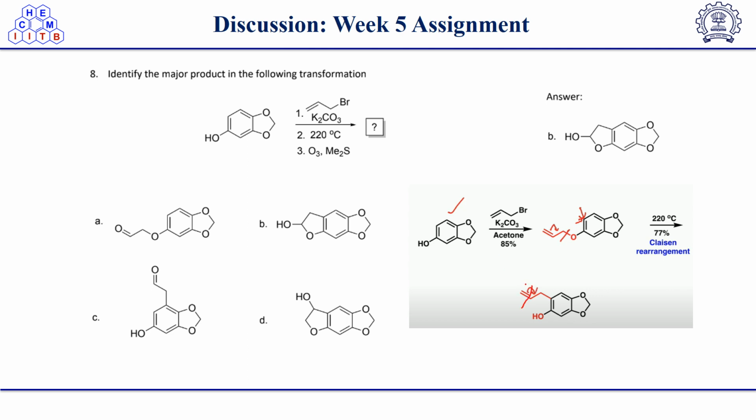This bond will be cleaved, and here we will get one aldehyde in the presence of this alkene, and then this hydroxyl group will attack this carbonyl carbon center, and this bond will be shifted to here, and it will be OH. So we will get a 1, 2, 3, 4, 5-membered ring with that hydroxyl group there. So the correct answer will be option B. Option B will be the correct answer.